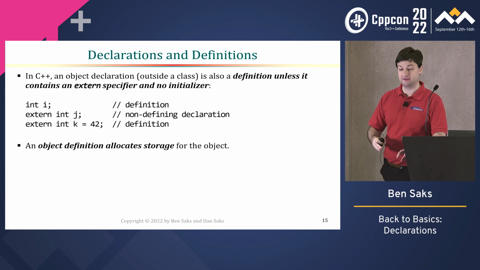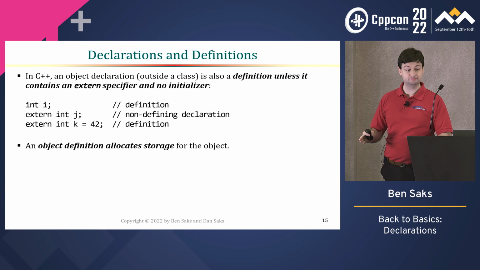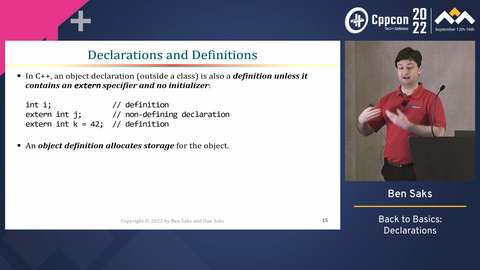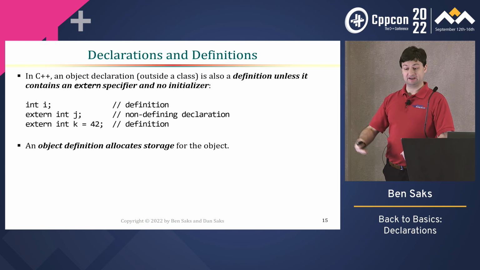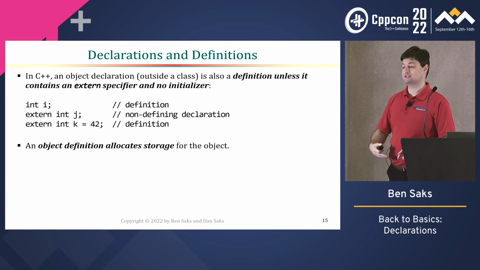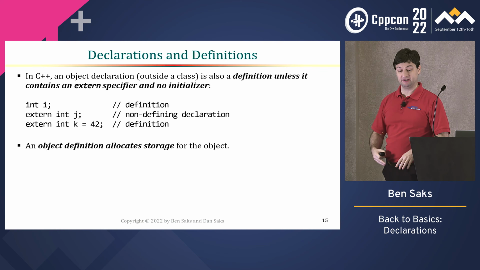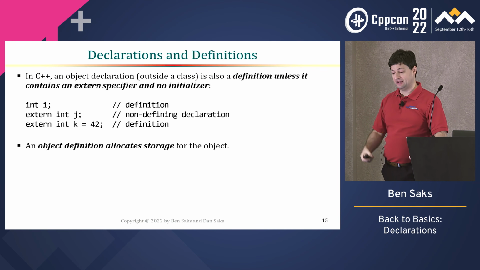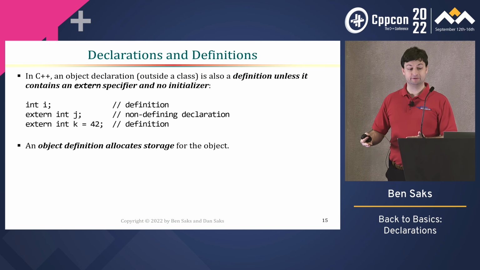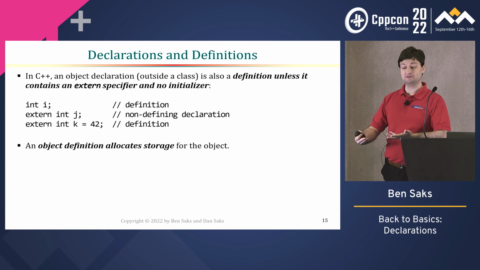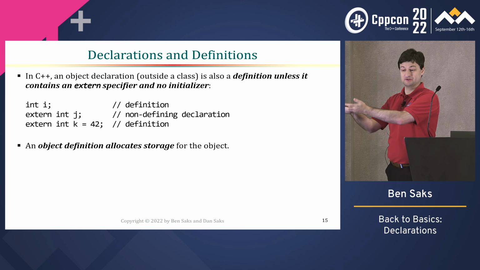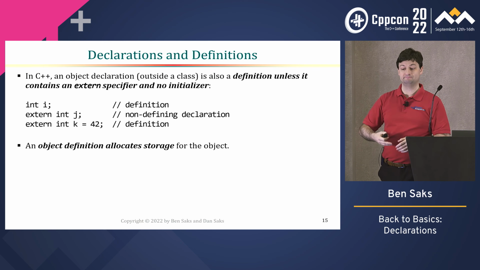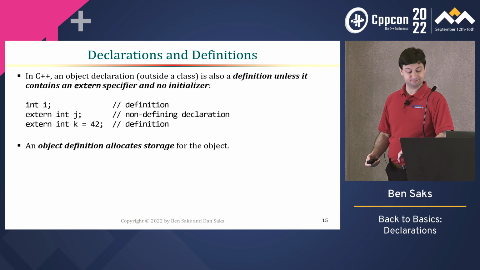The reason being that an object definition allocates storage. It tells the compiler, and by extension, the linker, where this object is going to be located at the place where the definition exists. And if we have an initializer, the only way that makes sense is if we know where that value is going to be stored. So this thing must be a definition.